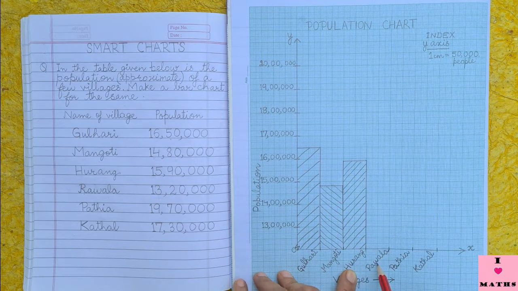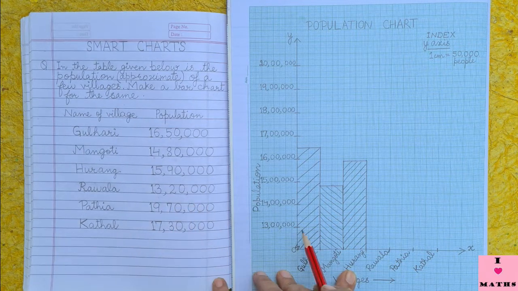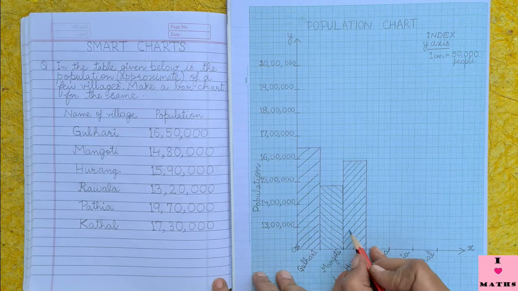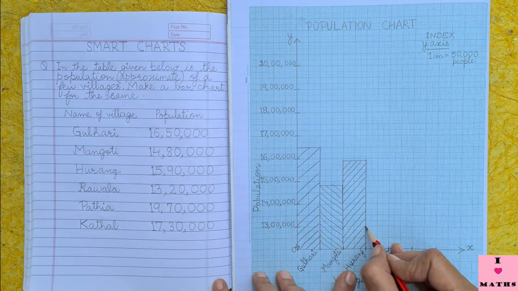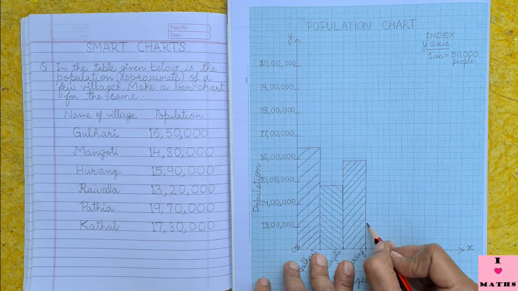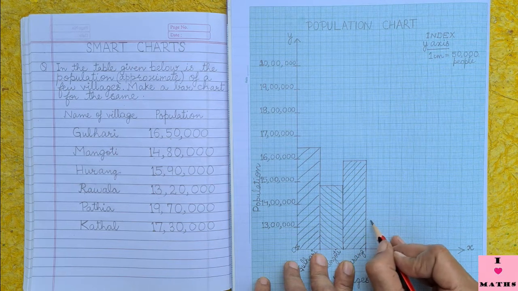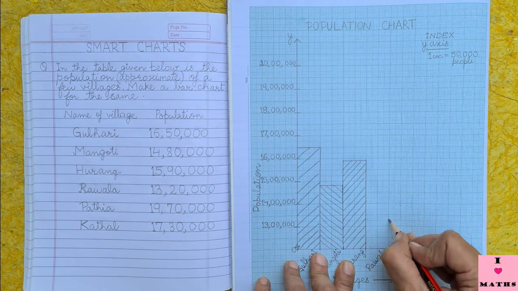Now for Ravala, we have 13 lakh 20,000. So this is 13 lakh. This is 13 lakh 10,000 and this is 13 lakh 20,000. So I will put a dot here and a dot here.